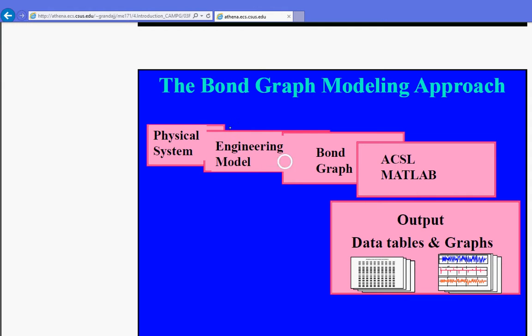You have this bond graph, which is the representation of the system itself. That bond graph is entered into the CAMG software, and we go to either ASL or MATLAB, any of these. After doing that, we can produce plots and graphs, and that will help us analyze the results.